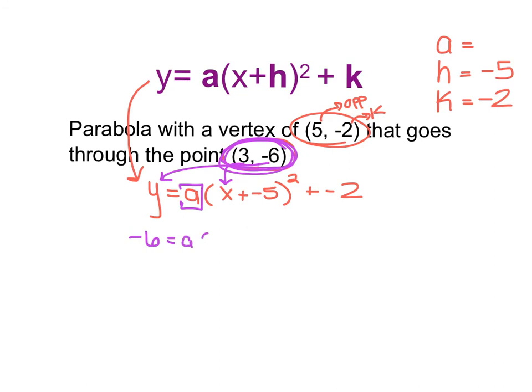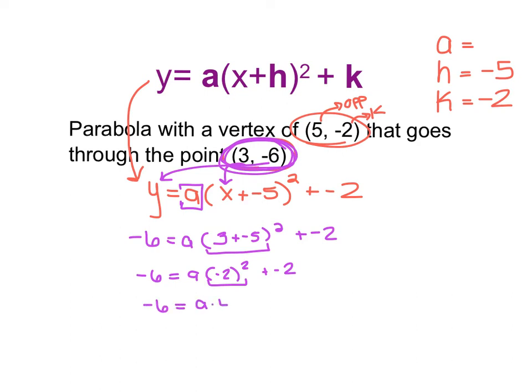We have a, then we have x, which is temporarily 3, plus -5, squared, plus that -2 on the outside. So let's simplify this a little bit parentheses-wise. So that's -2 squared, and so that becomes a times 4, and so really this is -6 is equal to 4a plus -2.